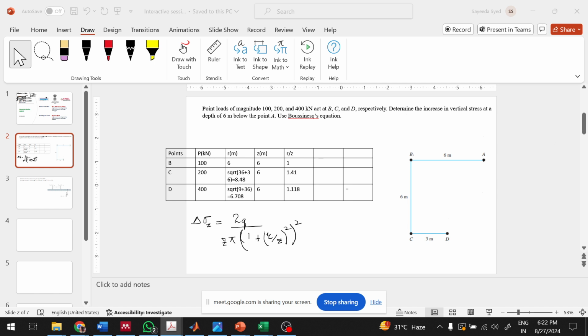I'm checking the Boussinesq equation to see if we are writing the correct equation. I have to find the PDF for that. Just a moment.